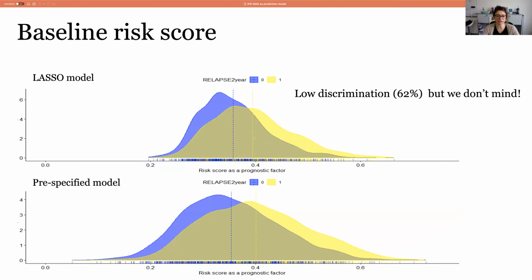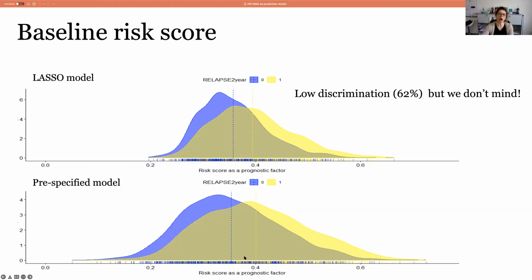And you see here the distribution of the people with relapse, the yellow areas, and the people without relapse in blue, along the risk score estimated as prognostic factor.